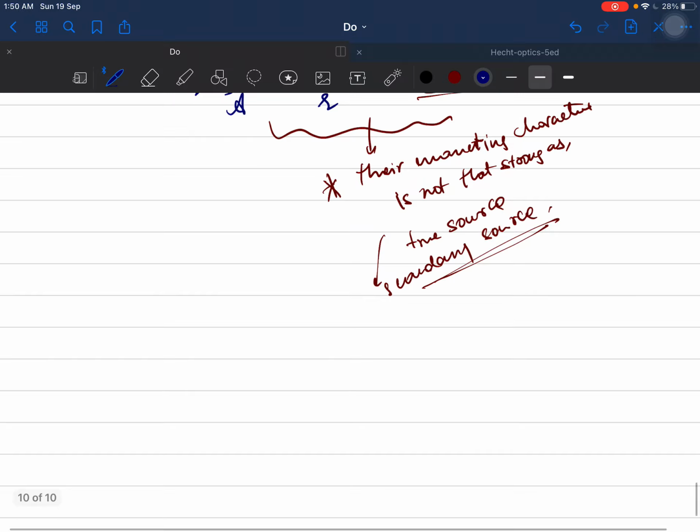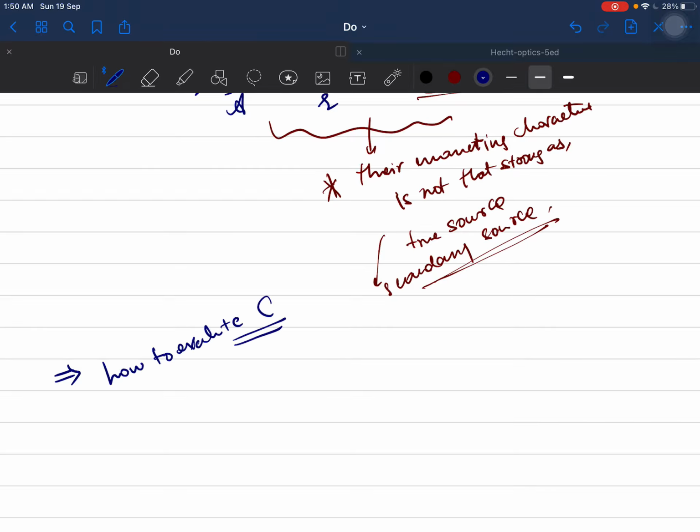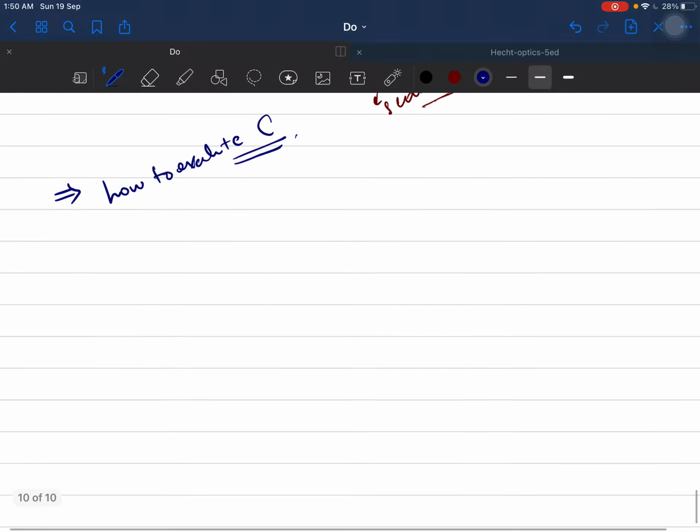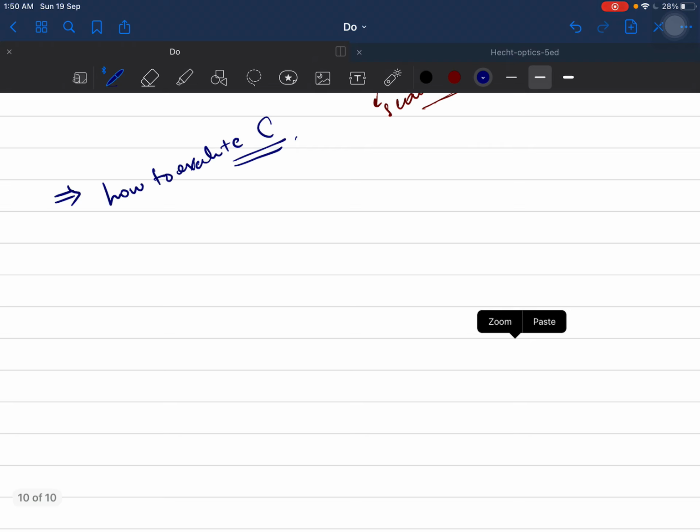So now comes the interesting part, which is how do you evaluate C? How do you evaluate C?